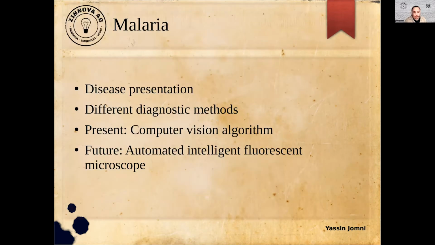So I'll make a short presentation of the disease first, and then I'll go into different diagnostic methods, and then I'll talk a little bit about what I'm doing. Right now I'm doing the computer vision algorithm for malaria detection, and for the future, what I would like to do as the continuation of this is an automated intelligent fluorescent microscope, but I'll go into that later.